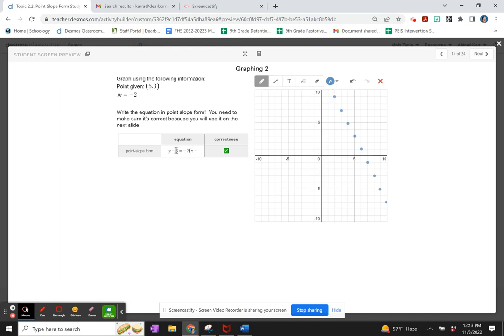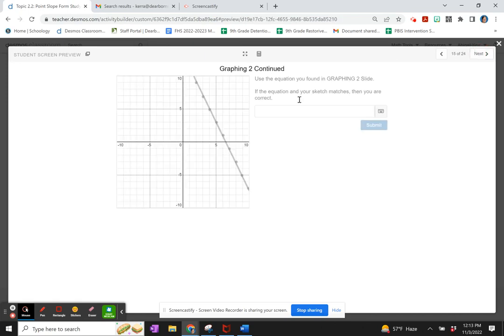Now tomorrow on the test, you are going to make sure that you connect the points. Do the best you can. And then you're going to need this equation in the next slide, slide 15, to verify that you did it correctly.